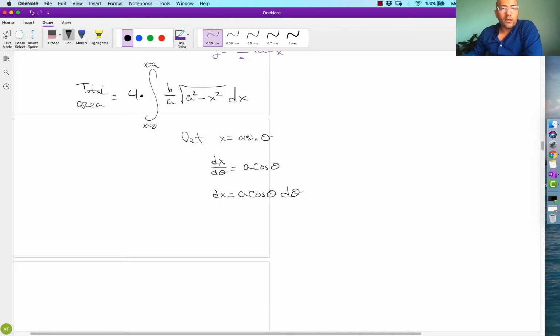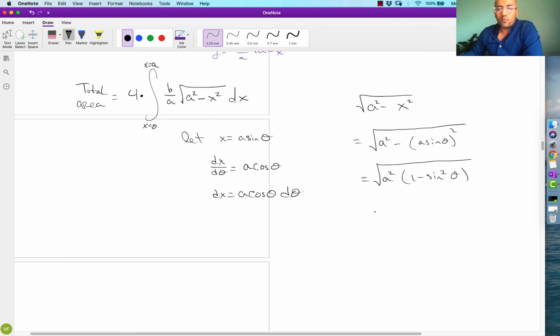Good. And now let's take this thing and simplify it off to the side here. We have a squared minus x squared, which is then going to be a squared minus a sine of theta squared, square root of the whole thing, which will become a squared times 1 minus sine squared theta.